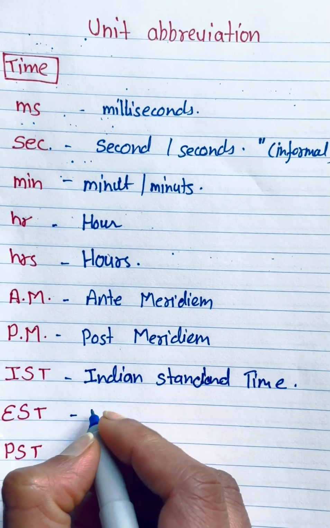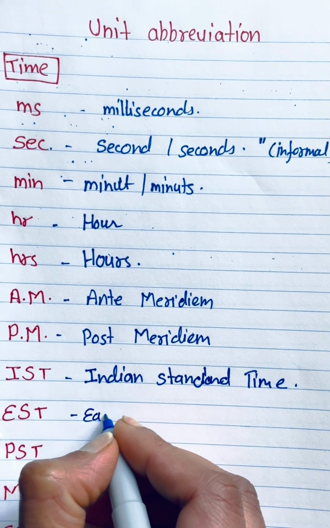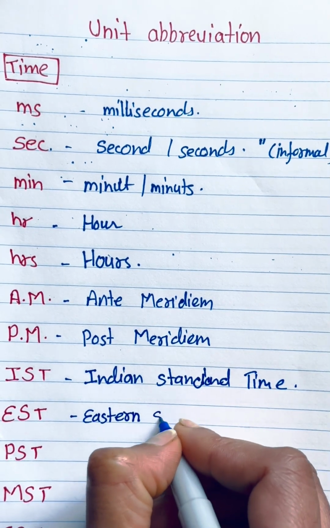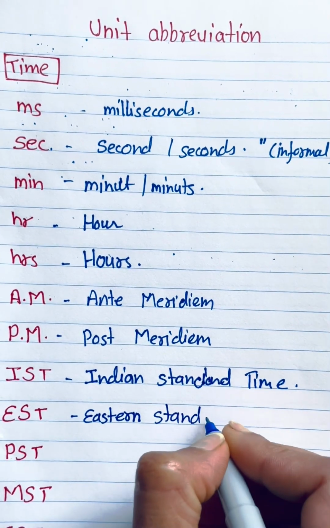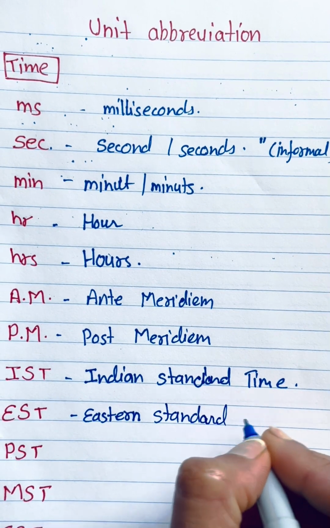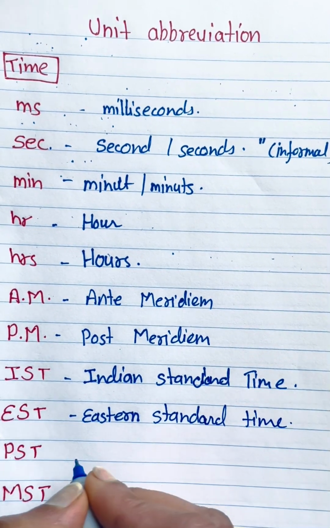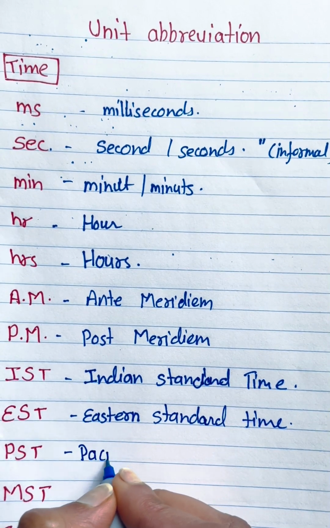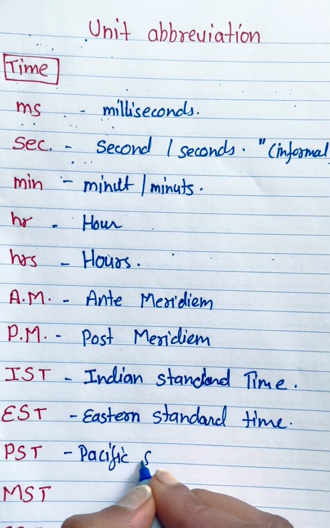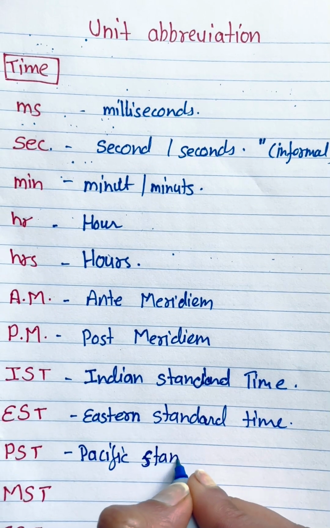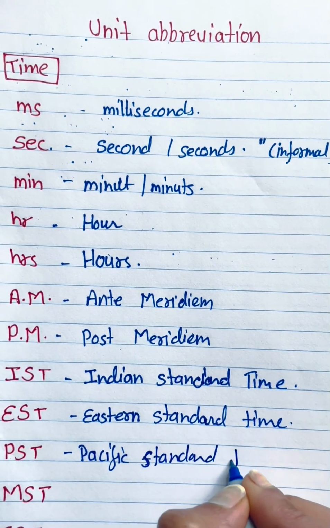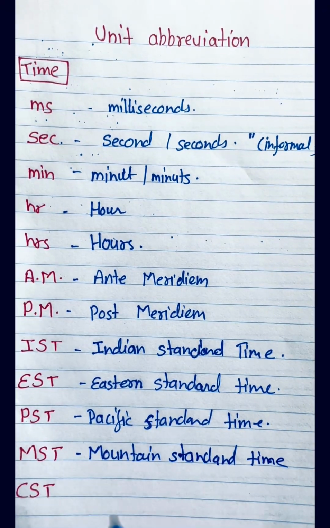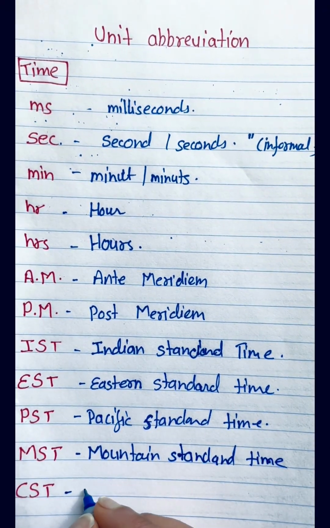EST is Eastern Standard Time. PST is Pacific Standard Time. MST is Mountain Standard Time, and CST is Central Standard Time.